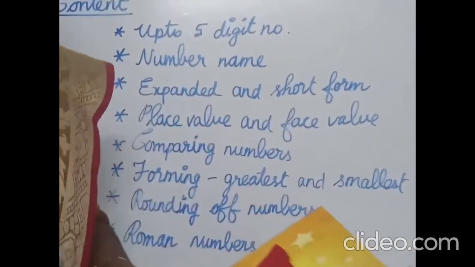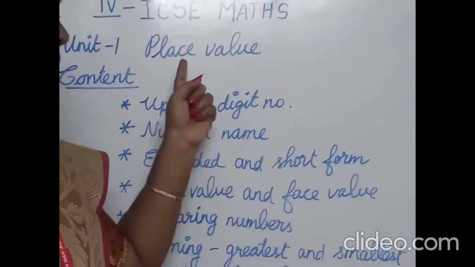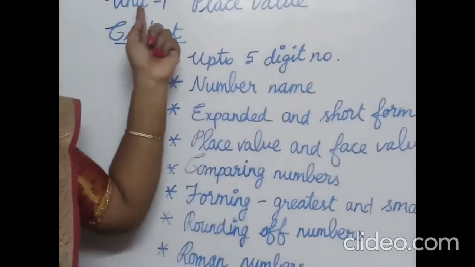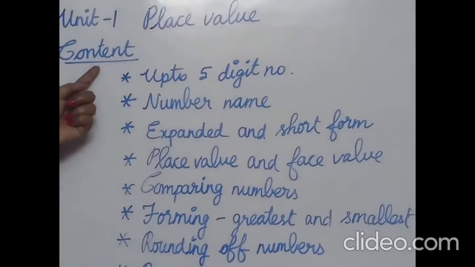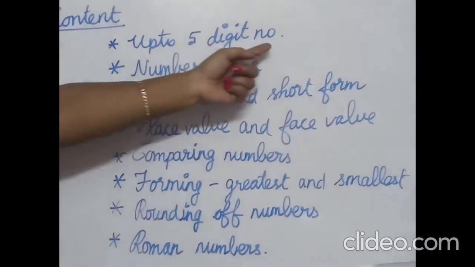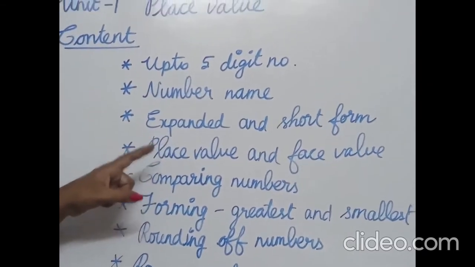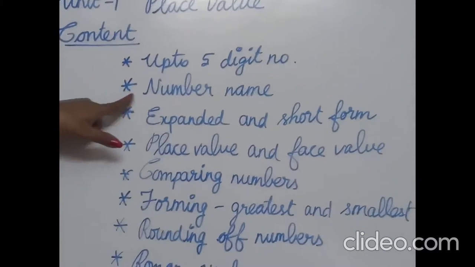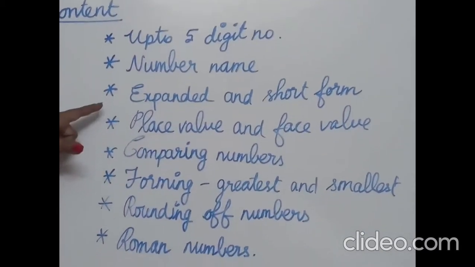Before starting our classwork, I said that we have to write the content in the first unit. See here, first unit place value. In place value we are going to learn up to 5-digit numbers. Already we know 4-digit numbers. Now we are going to learn about 5-digit numbers. Next, number names of numbers up to 5 digits.